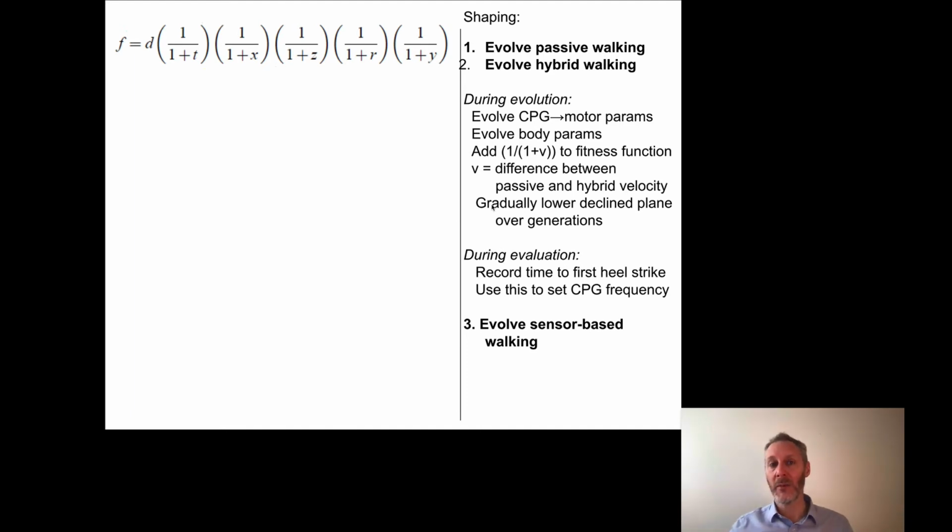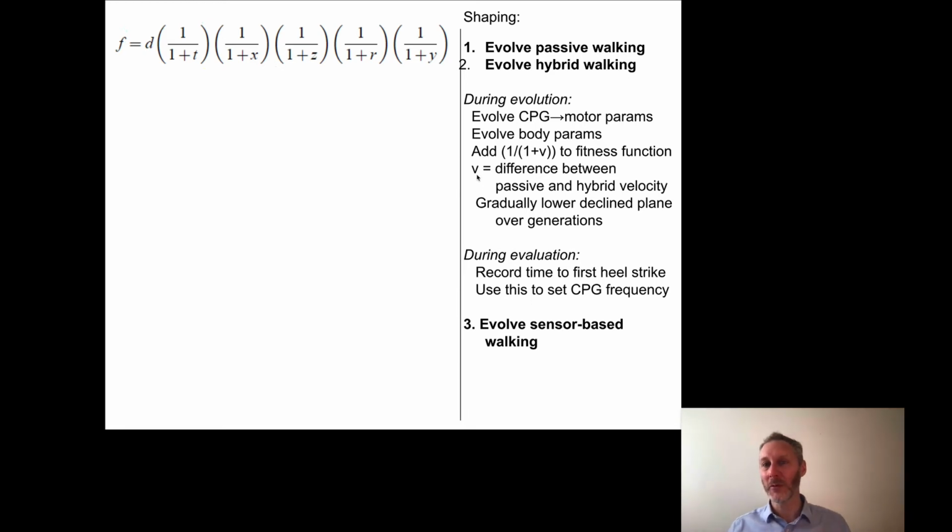Okay. Another thing they're going to change during evolution: they've just finished this first phase. They have a passive dynamic walker that walks down the declined plane. If you take the passive dynamic walker from the declined plane and put it on flat ground, there's very little chance that it's going to exhibit anything near the walking that it exhibited on the declined plane.